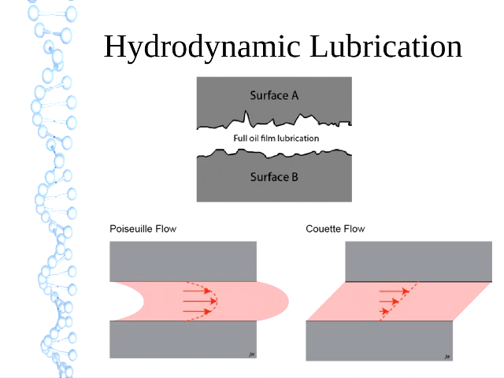An example of this would be with pipes. With Couette flow, it's driven by the velocity difference between the surfaces. Right next to both of the surfaces, the velocity of the lubricant is the same as the velocity of the surface, and you've got a linear change in velocity between the two surfaces.